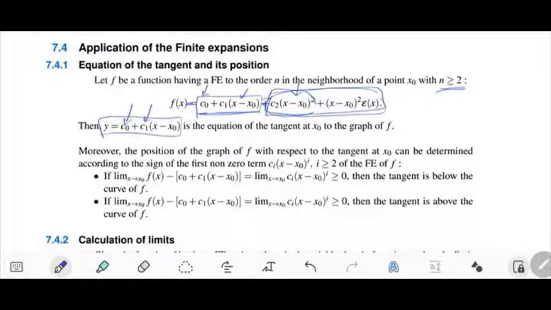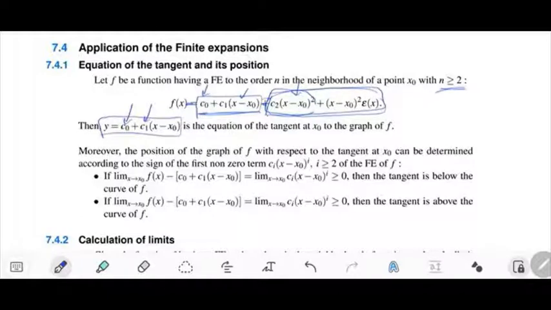So again, I took the first constant term and the term of order 1 to be the equation of the tangent, and then if I look at the first non-zero term after these two terms, and if I look at its sign around the point x0, it will give me an idea of the position of the tangent with respect to the graph of f.